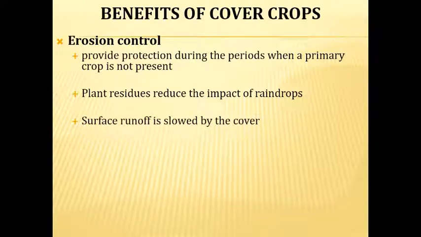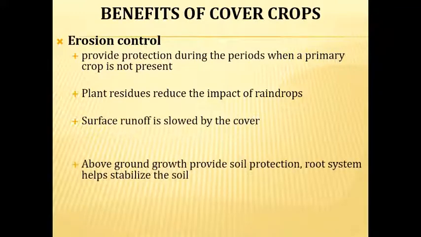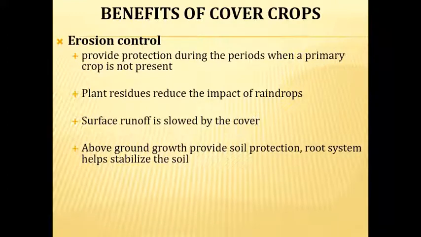Surface runoff is slowed by the cover, allowing improved moisture infiltration. Not only does the above ground growth provide soil protection, but also the root system helps to establish the soil by infiltrating the profile and holding it in place.